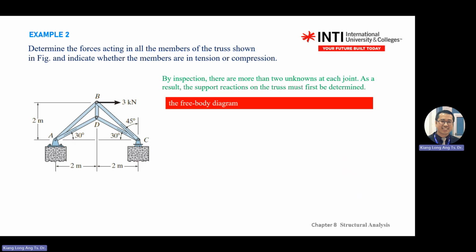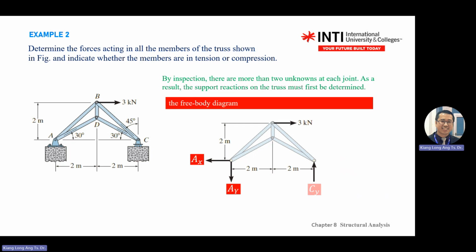So you need to start with the external force first. The external force, you should be able to find AX, AY, and CY. This one you already learned in the previous chapter. All the force equals 0, all the moment equals 0. But in this case, it's very straightforward.